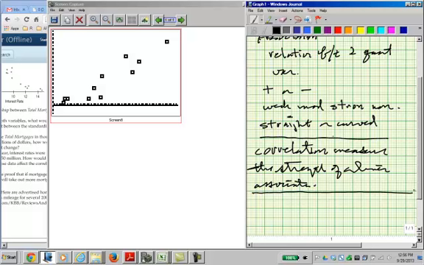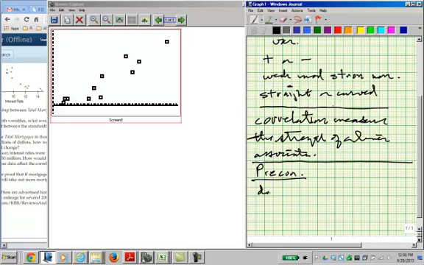So, correlation has preconditions, of which I just mentioned one. First of all, the data must be quantitative. All right, well, we know this is quantitative data. And then here's the next condition. The data must be linear. The scatter plot must be linear.